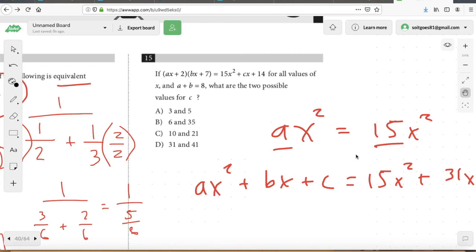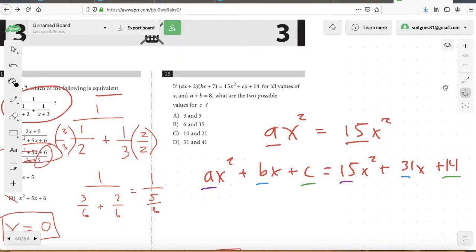The c value is going to have to be 14. The b value is going to have to be 31. The a value, as we already established, is going to have to be 15. They've got to match up, as long as everything lines up and you've got the same terms on both sides, then the coefficients have to equal each other. So that's the kind of thing they're testing us on.